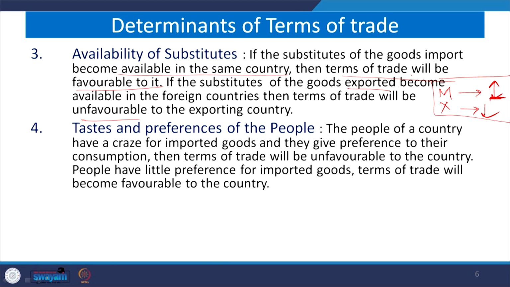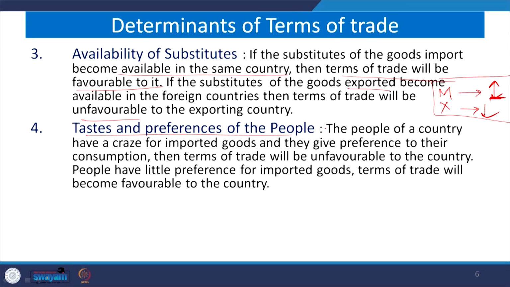Similarly, look at the taste and preference of the people of a country. If people have a craze for imported goods and strictly prefer consuming the importable basket, they demand it more strongly.